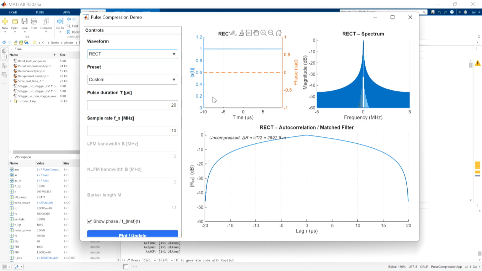Be careful, it is a rectangular pulse, the amplitude is the blue one, and this is phase, the red one. I put amplitude and phase characteristics together because for me it's better. And again, you can change duration.